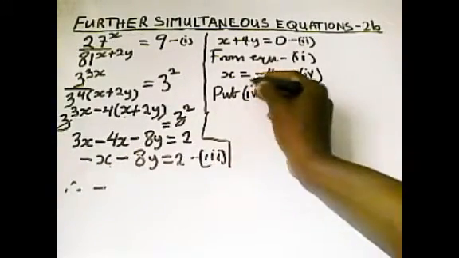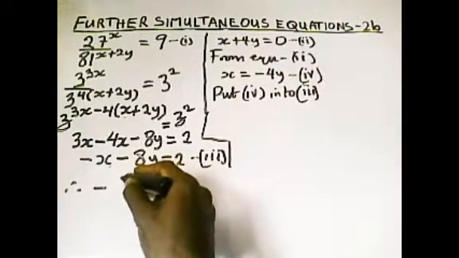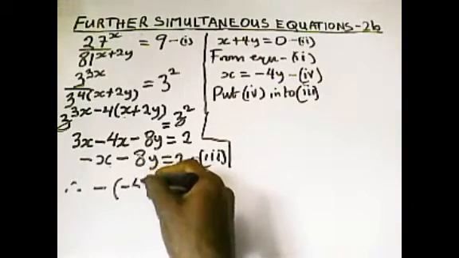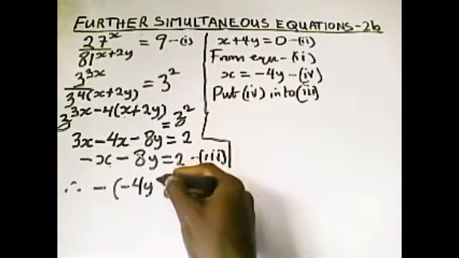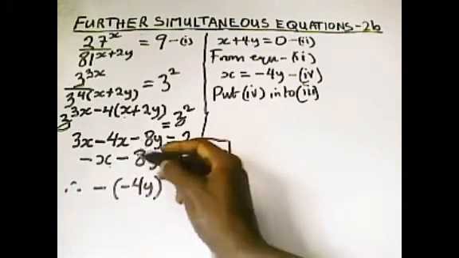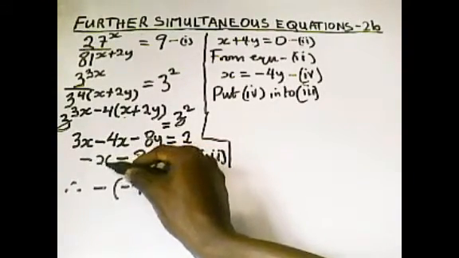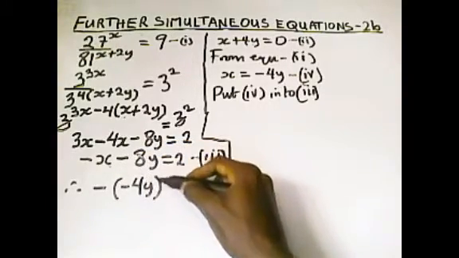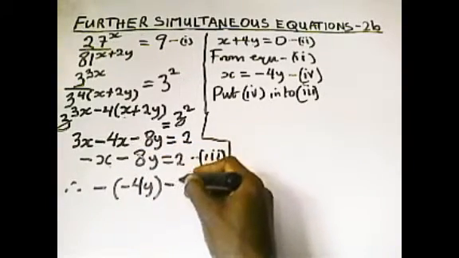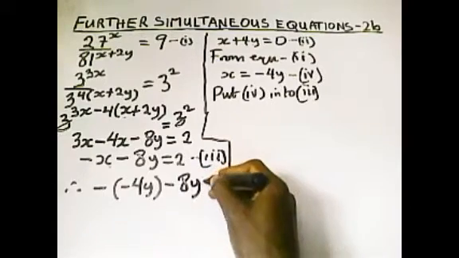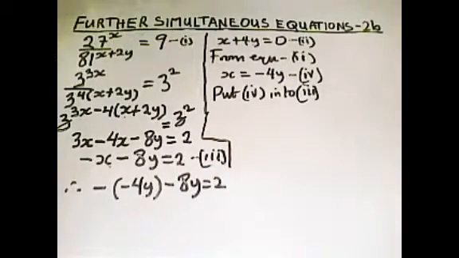X has a value which is minus 4y. So we introduce our bracket, write our minus 4y, then close the bracket because this minus is only affecting the values of x. Then we continue by writing minus 8y equals 2. So we need to solve this equation.